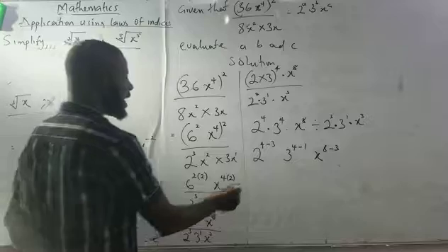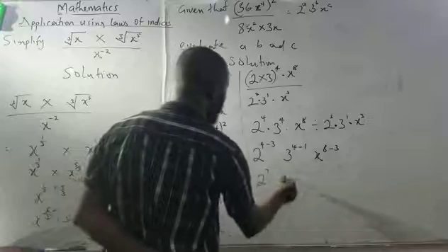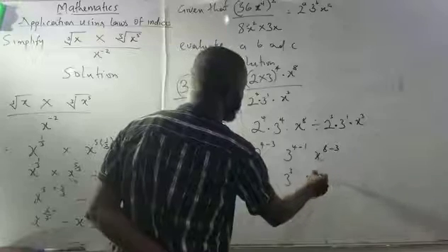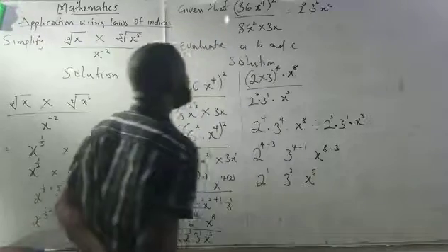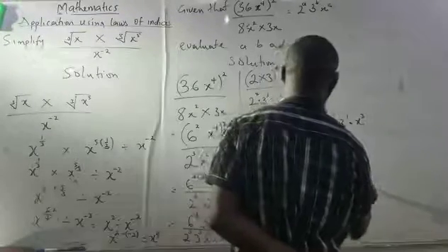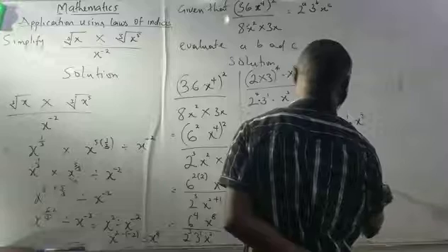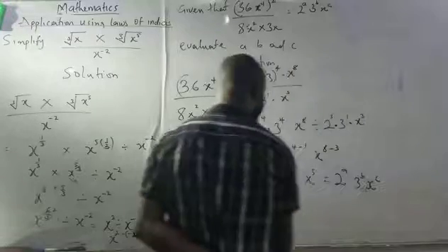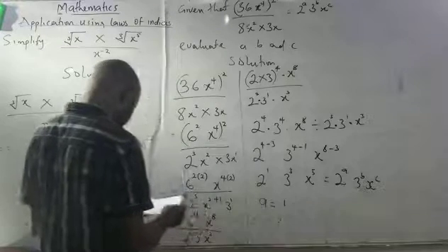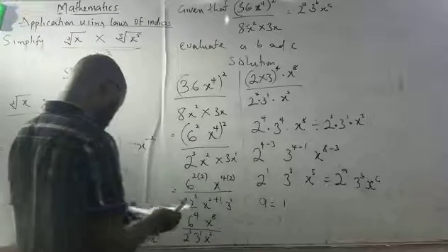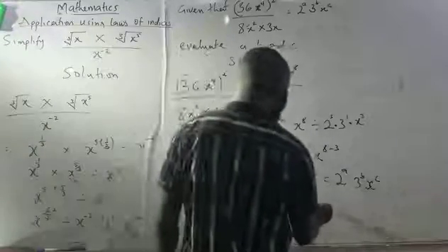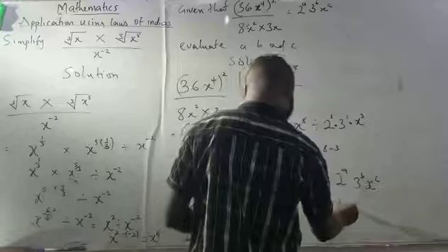Now, I can say that it is 2 raised to the power 1, 3 raised to the power 3, and x raised to the power 5. By what you are looking at, 2 raised to the power a, 3 raised to the power b, and x raised to the power c. By implication, my a equals 1, my b equals 3, and my c equals 5.